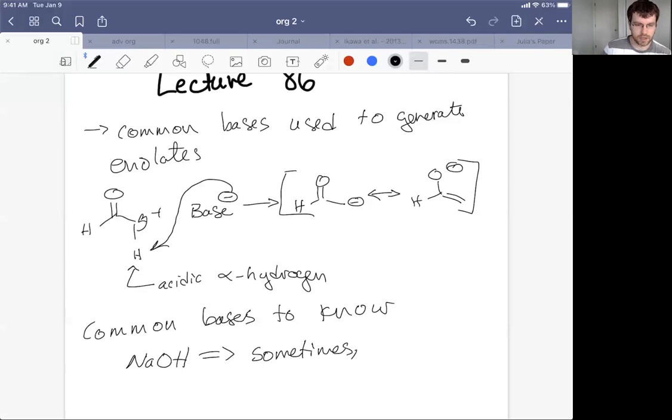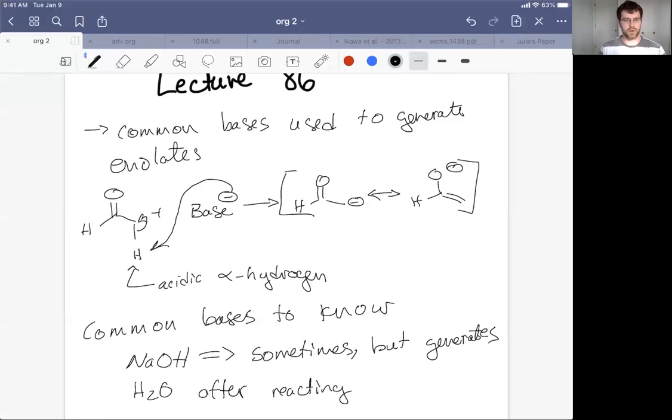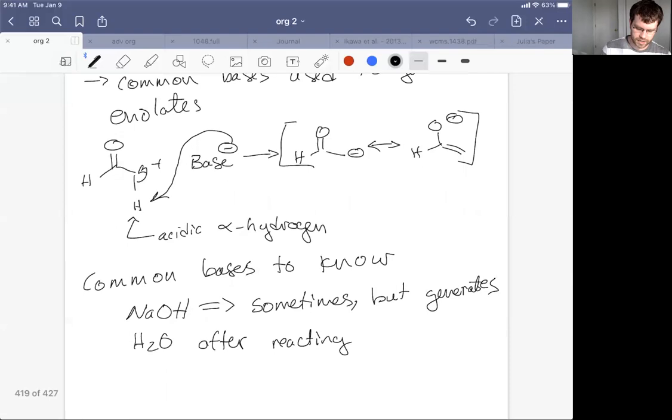It generates water after reacting, and that's not good. Oftentimes it's that water that's problematic. And it's usually not basic enough.